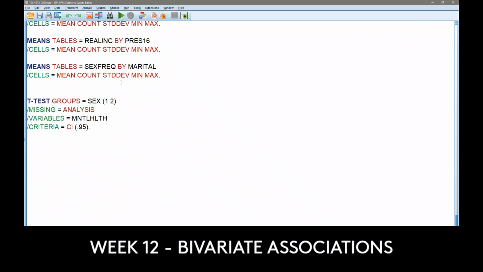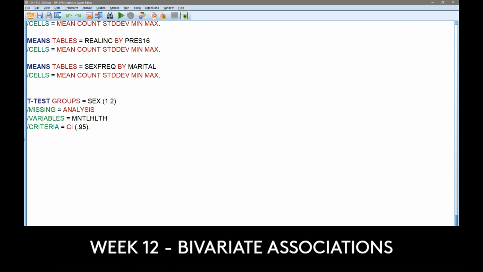Again, remember, in a t-test, we are looking at the average of a continuous variable by a categorical measure with only two categories.